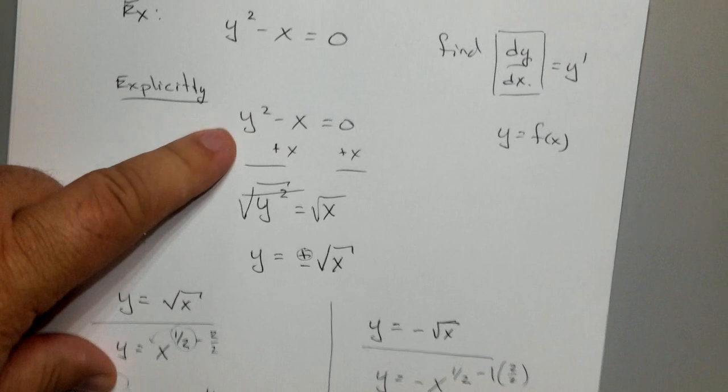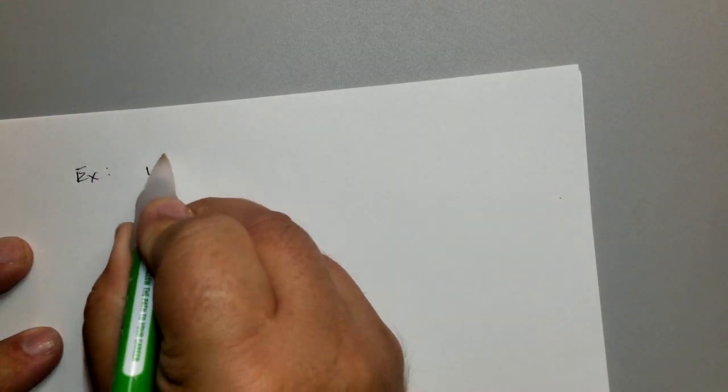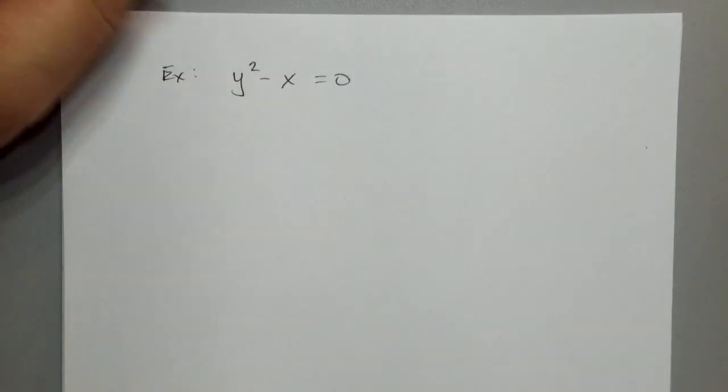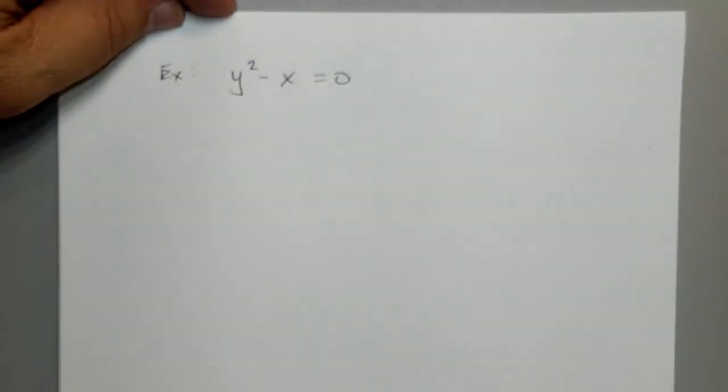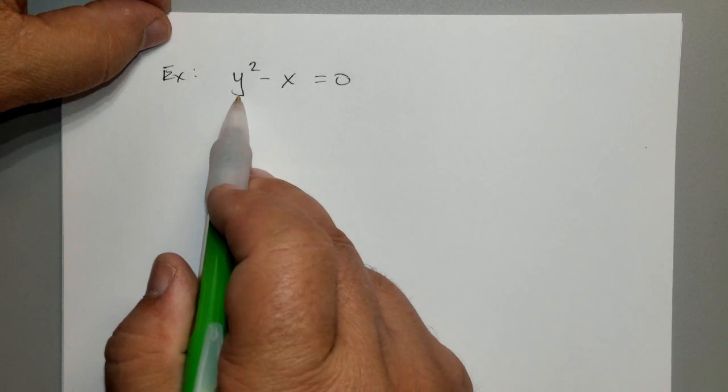We do the same example, but we're going to do this now implicitly. When we do implicit differentiation, we just go across the board and take a derivative of everything as we get to it. What's the derivative of y squared?